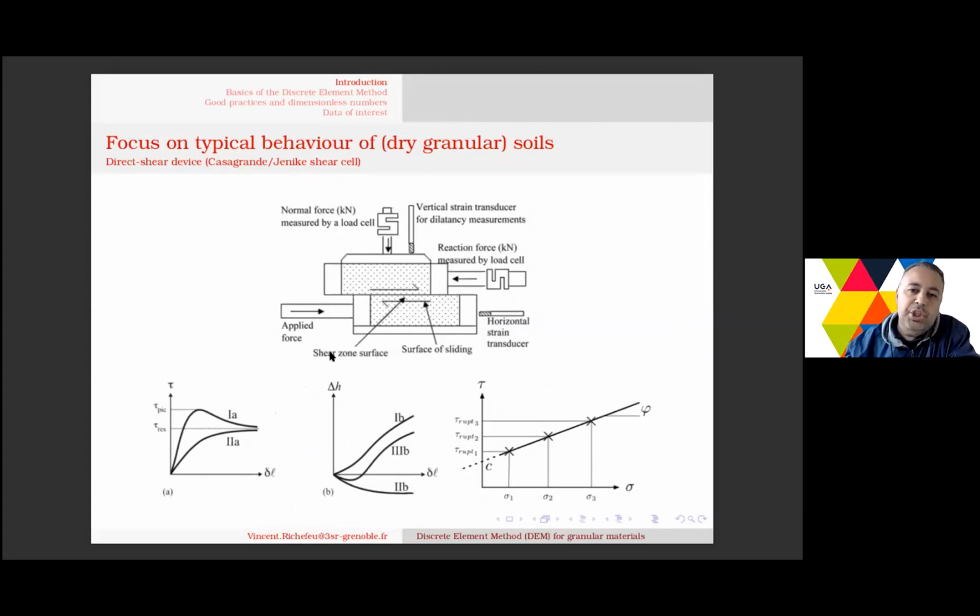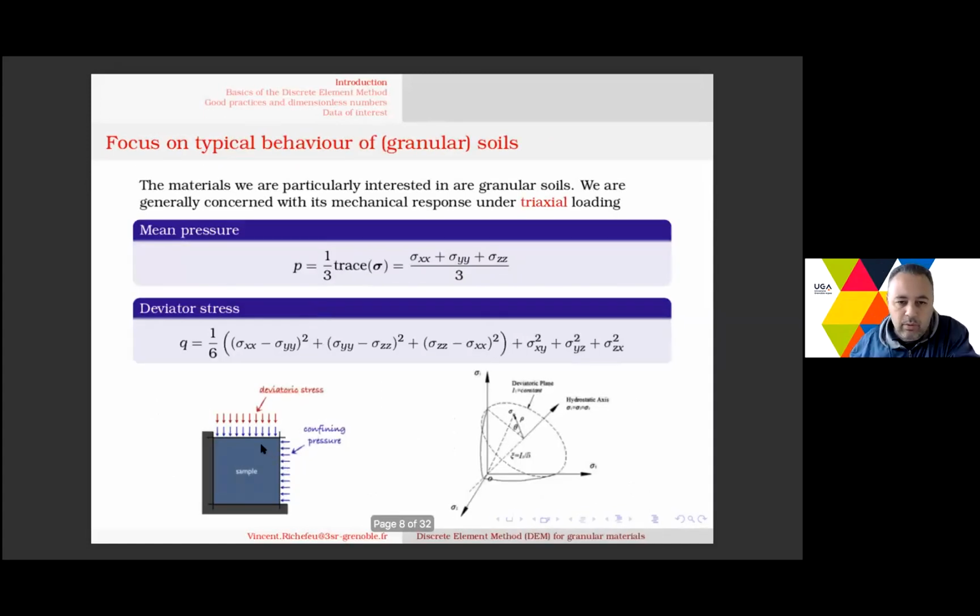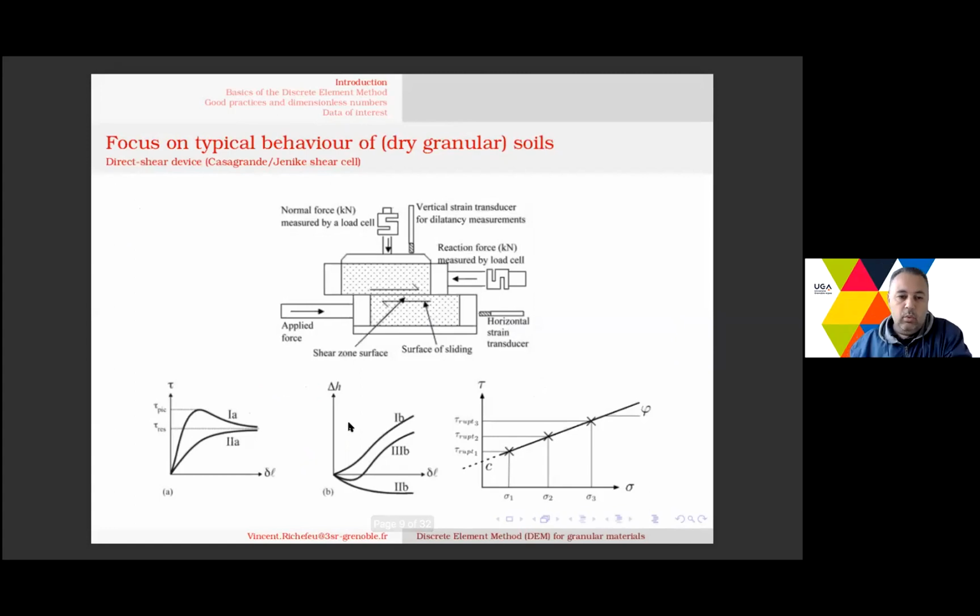Typically, when we shear directly or not directly, when we make this loading, actually we shear the granular material in an inclined direction. So when we shear a granular material, we generally observe that the shear stress will have a peak at a given displacement or strain if it is dense enough.